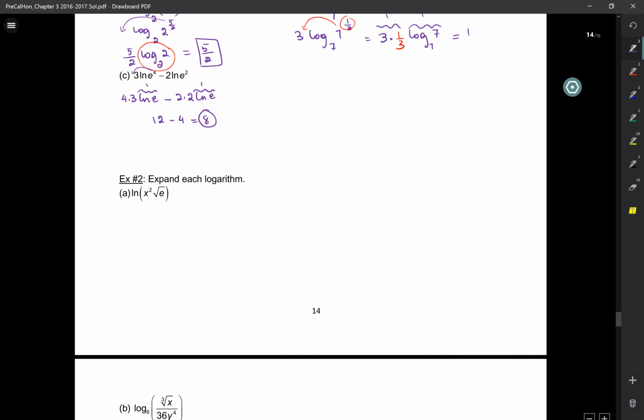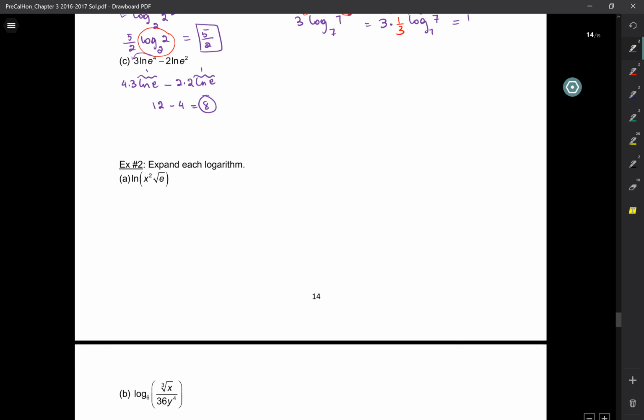All right, so let's do another one. I have here ln of x squared times root e. So let's expand, using that first property, the product property. This is ln of x squared plus ln of root e. So what does that mean?